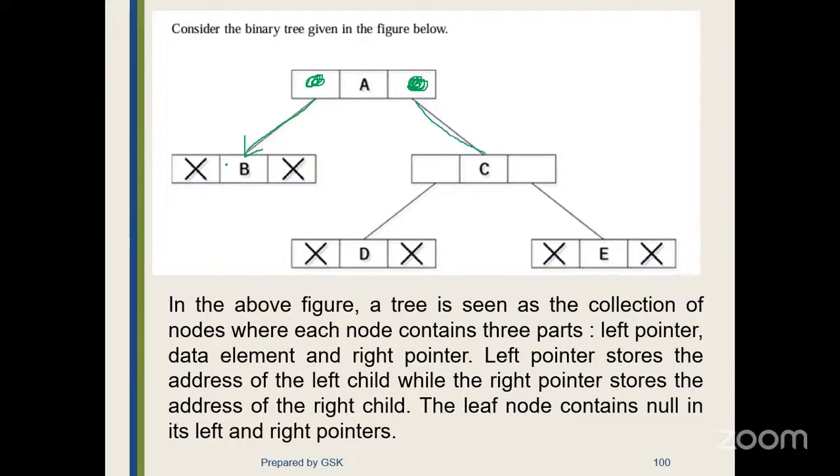And if any node doesn't contain a left or right child, that is represented with a cross mark. For C, there is no cross; it has some address here. That address is D's address. And on the right side also, it has some address, that is the address of node E.